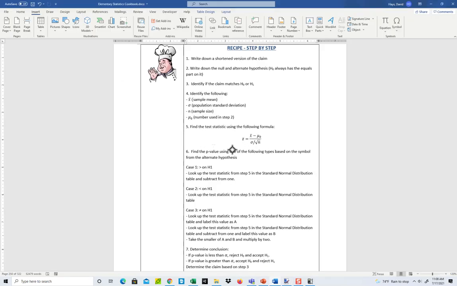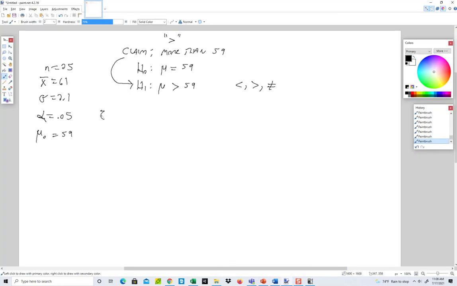Step 5, find the test statistic. Z is equal to X bar minus mu naught, divided by sigma divided by the square root of n. So I have 61 minus mu naught, which is 59, over sigma, which is 2.1, divided by the square root of n, so the square root of 25.